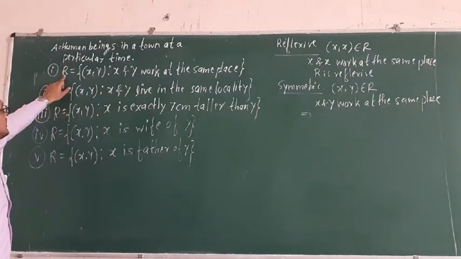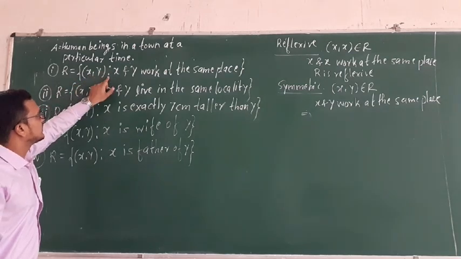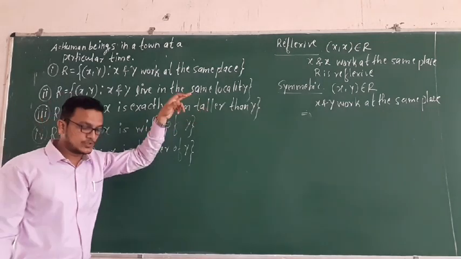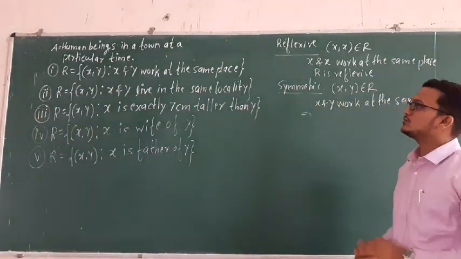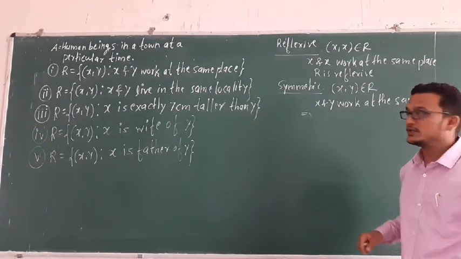See the first relation, R is equal to the ordered pair (x, y) such that x and y work at the same place. For this first example, we are going to check the reflexive, symmetric and transitive properties.